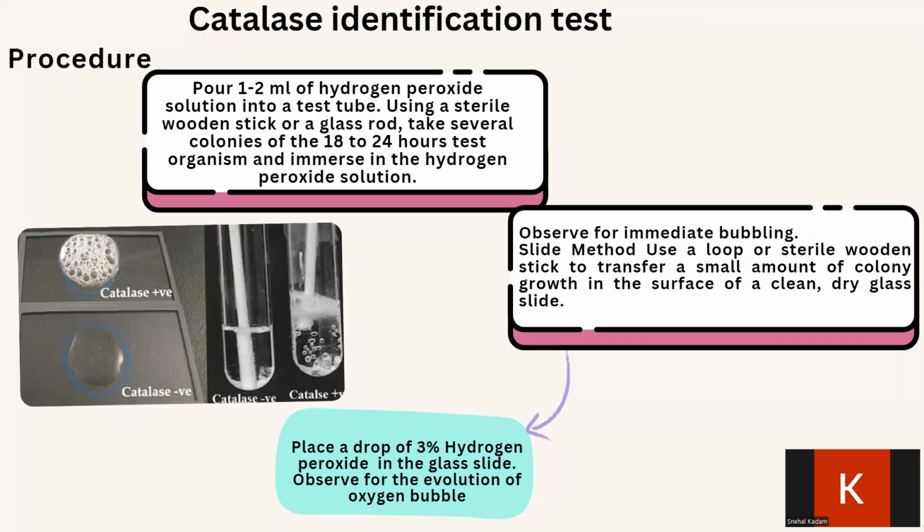Place a drop of 3% hydrogen peroxide on the glass slide and observe the evolution of oxygen bubbles. In catalase positive, oxygen bubbles are seen, which means Staphylococcus bacteria are present in that culture. In catalase negative, no oxygen bubbles are seen, which means Streptococcus bacteria are present in the sample.